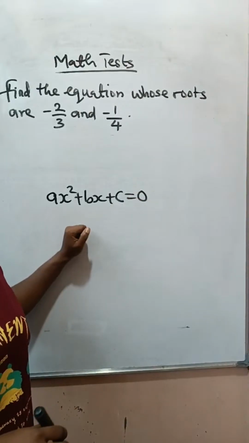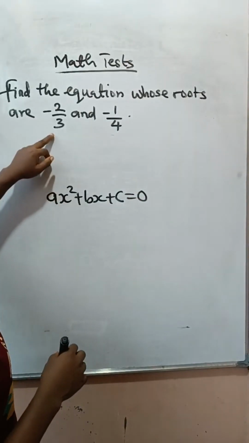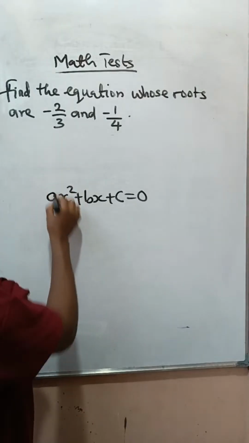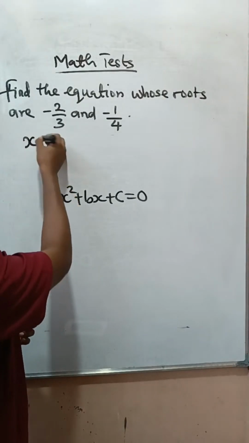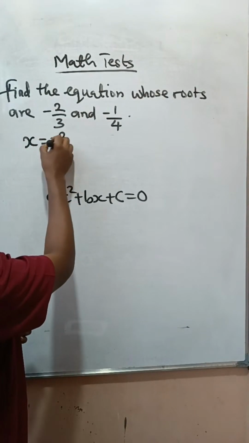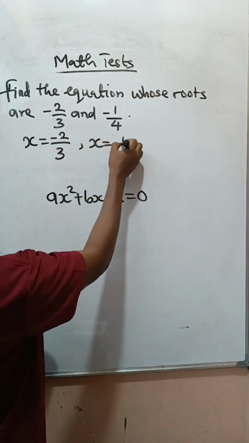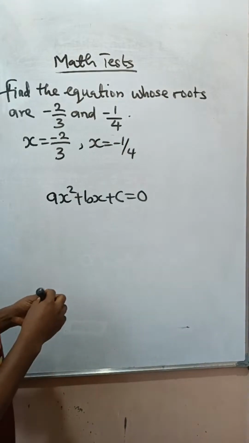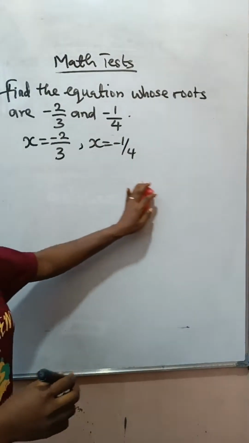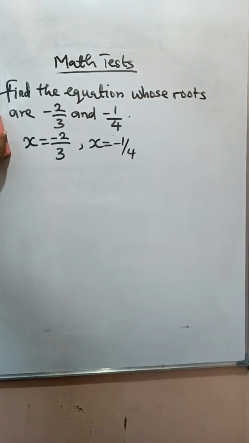So it simply means that they've given us the two values of x. The first value of x is minus 2 over 3, and the second value of x is minus 1 over 4. That is the first thing you need to deduce from the question.